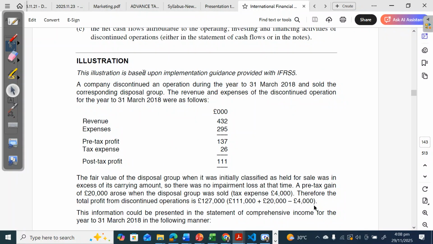It says this illustration is based upon implementation guidance provided with IFRS 5. A company discontinued an operation during the year to 31st March 2018 and sold the corresponding disposal group. The revenue and expenses of the discontinued operation for the year to 31st March 2018 were as follows: revenue, expenses, pre-tax profits, then tax expense, post-tax profit 111.